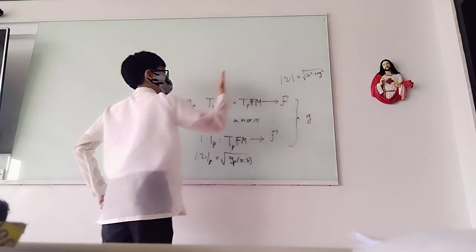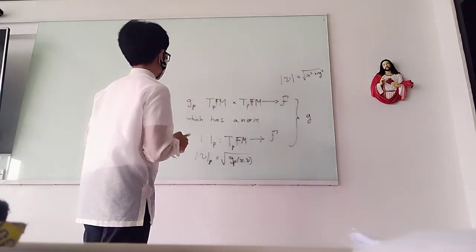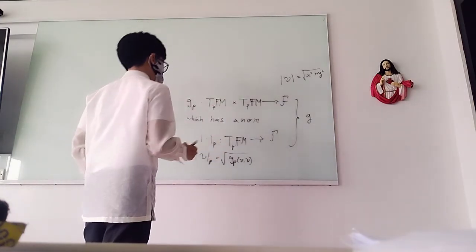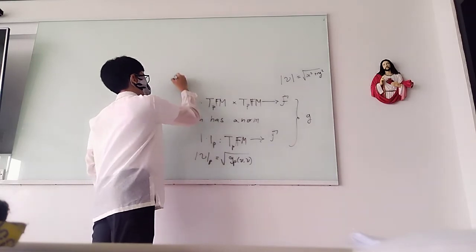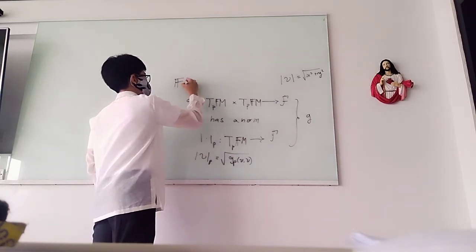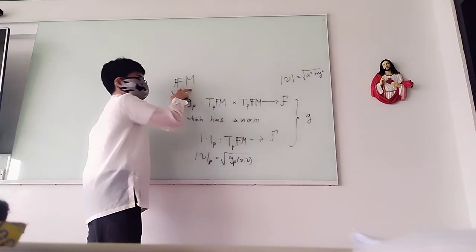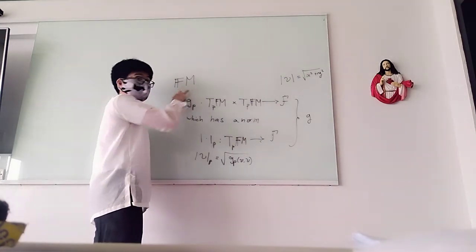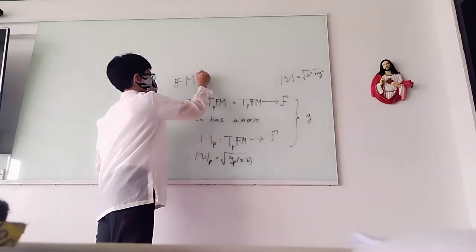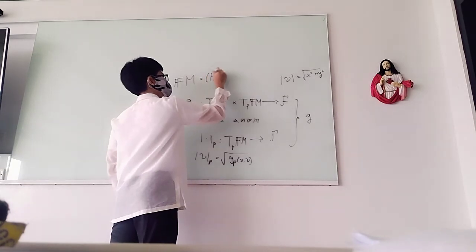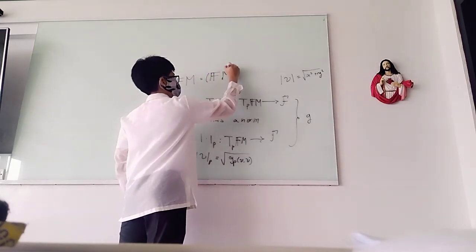So now, let's just assume that Fm is the manifold itself with its boundary, okay? It's equal to itself, Fm with its boundary.